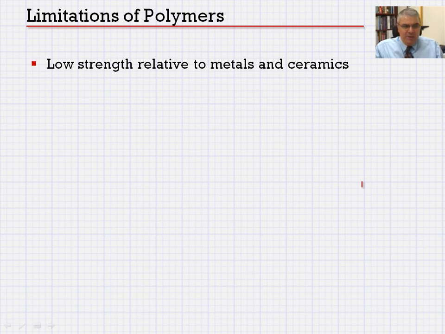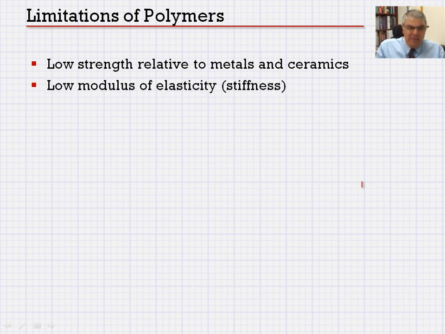For our engineering application, it's important to realize what it is used for and what the design parameters are, before we can go ahead and pick the material. So polymers are no exception in this case. They have low strength relative to metals and ceramics. They have a very low modulus of elasticity if you compare them to metals and ceramics.